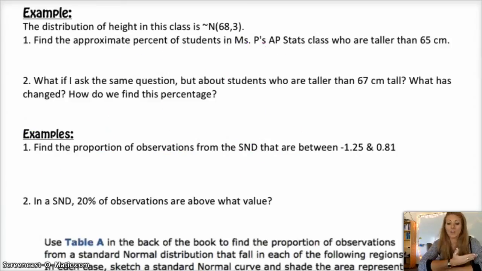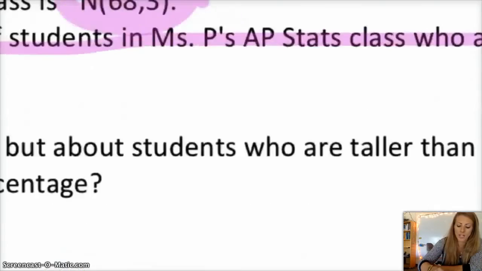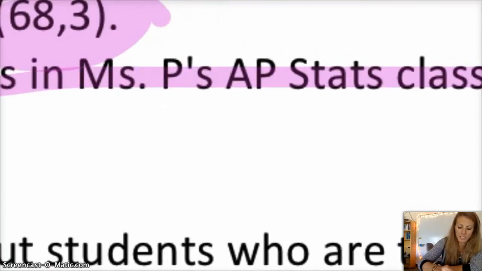Yay! So say, for example, we found data, all of the heights of students in my stats class. And we want to know the approximate percent of students who are taller than 65 centimeters. Now, say the heights are approximately normally distributed, with a mean of 68 and a standard deviation of 3. So that curve looks like this.